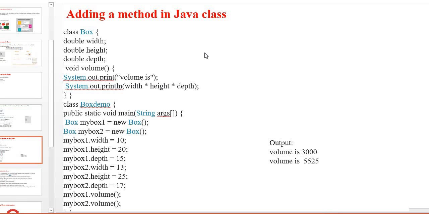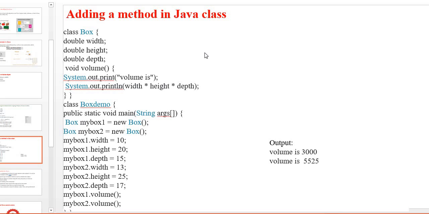So I am taking another class, BoxDemo, in order to define the main method. Within the main method I am creating two objects, mybox1 and mybox2, with the new operator separately. Here we need to understand that the mybox1 and mybox2 objects are both using separate memory locations.